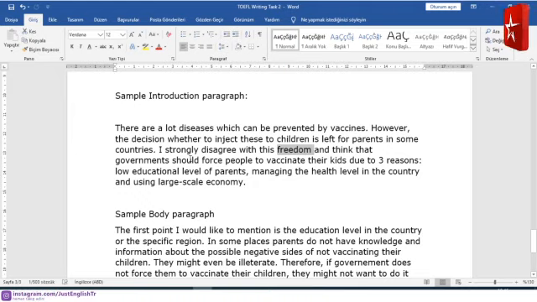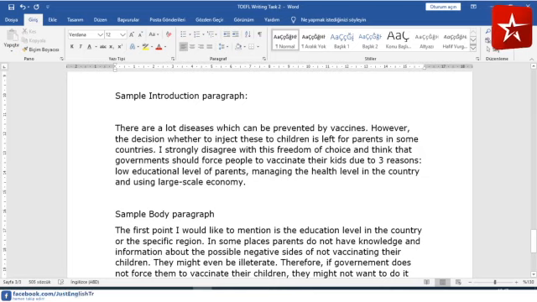However, the decision whether to inject these to children is left for parents in some countries. I strongly disagree with this. Freedom of choice, maybe it is better.